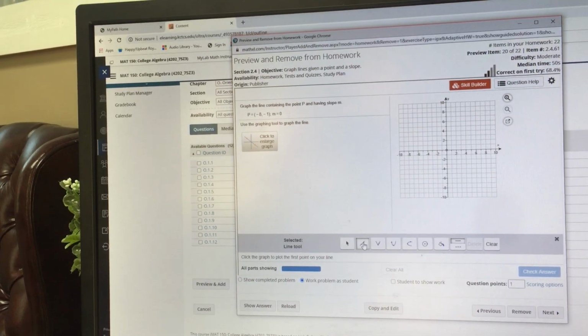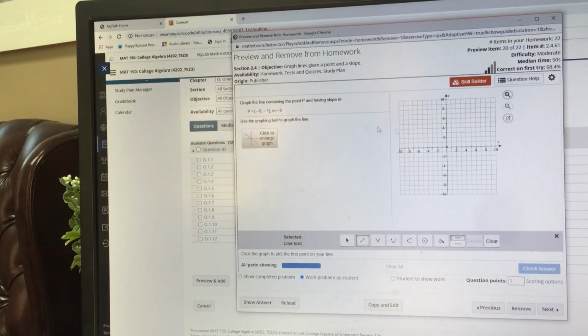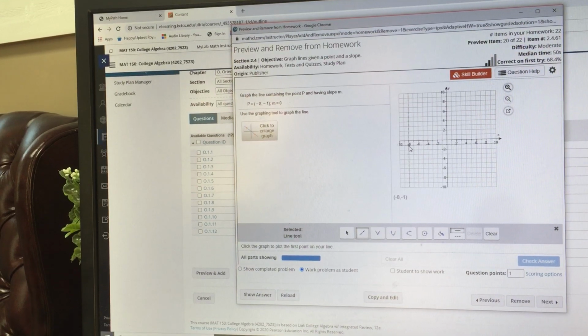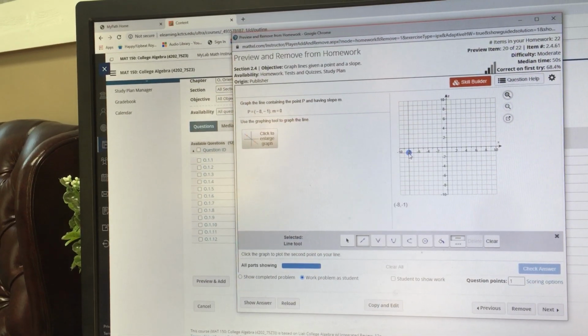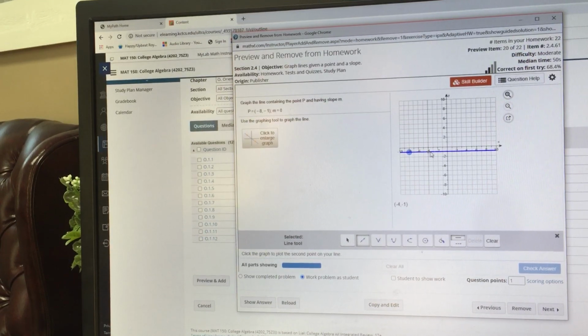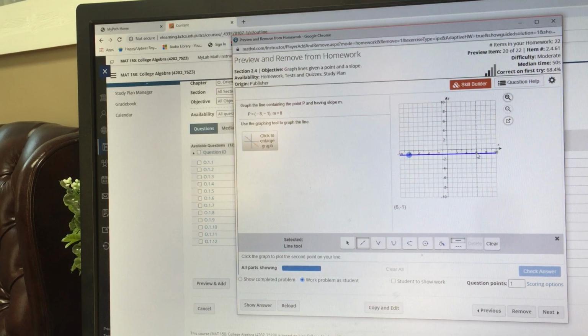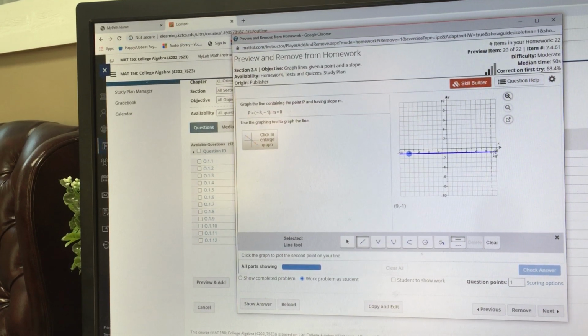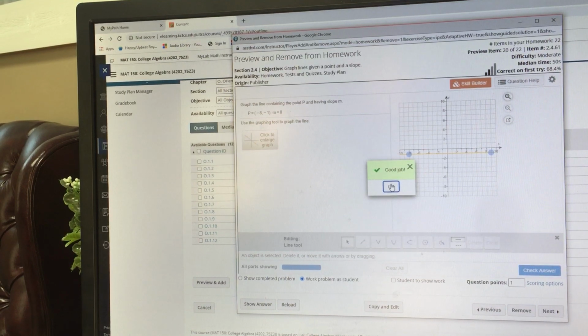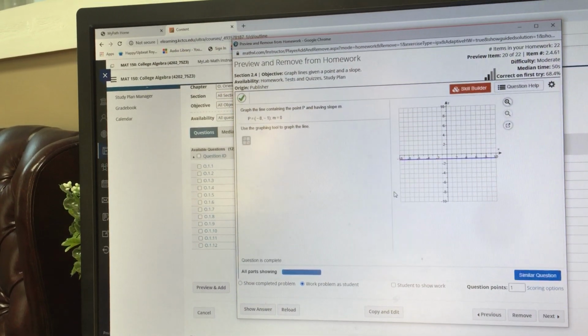I'm going to tell it that I'm graphing a line. And I've got this point, -8, -1. So -8 for x, -1 for y is right there. Now my slope is 0, which means it goes straight across. So I can just go over however much I want to. You know, see, it's not going to change it any. If I want to go all over here, it's going to do the same line, 0 slope. Okay.